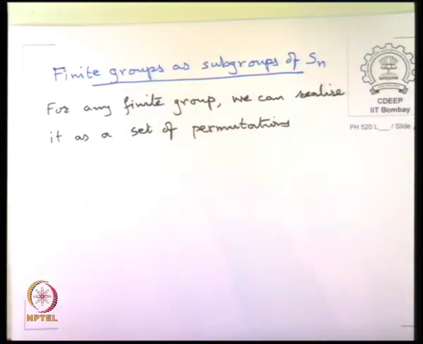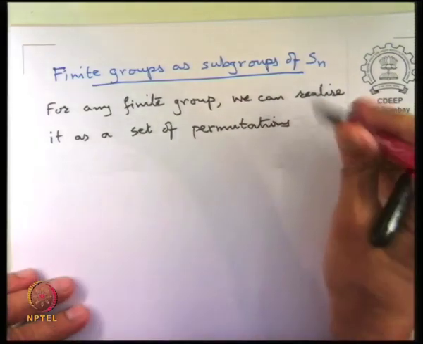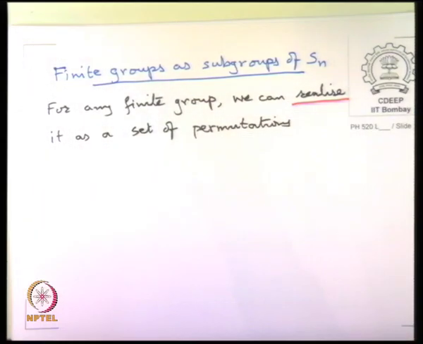Note the word I am using, realize. We had said last time that you can have an abstract group which is just specified by some table, and when you produce an example of it, you say that you have a realization of the group, where you supply some set of objects on which operations can be carried out, and then you check that the operations carried out obey the multiplication rule given in the table, then you have a realization of the group.